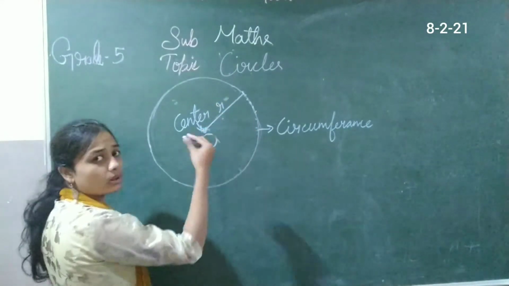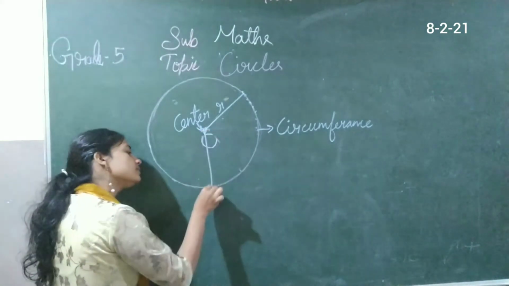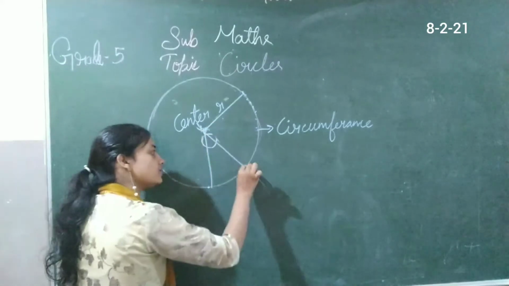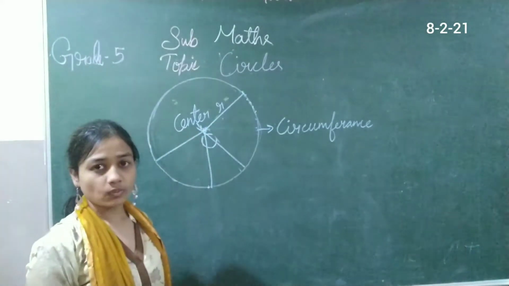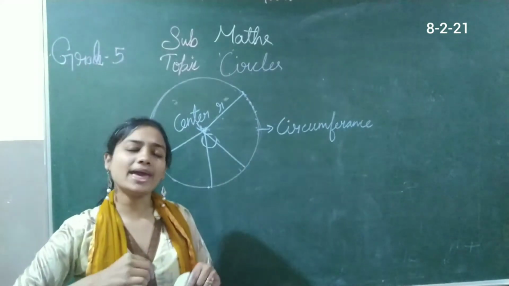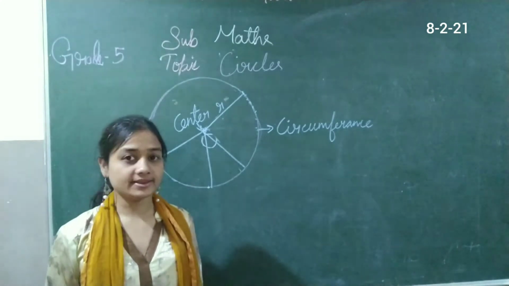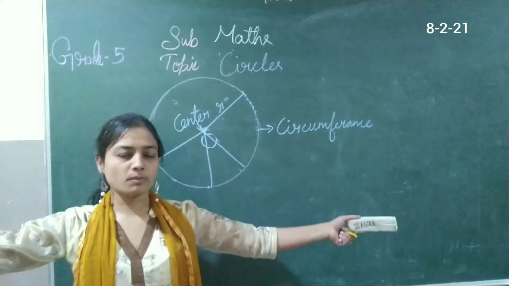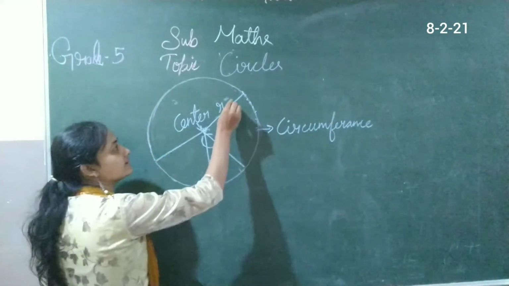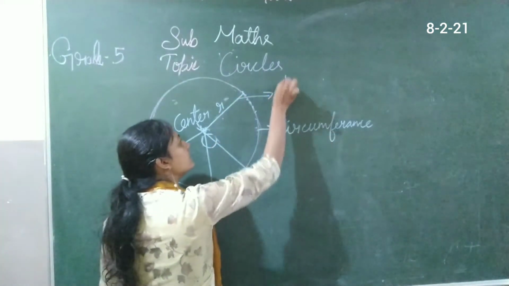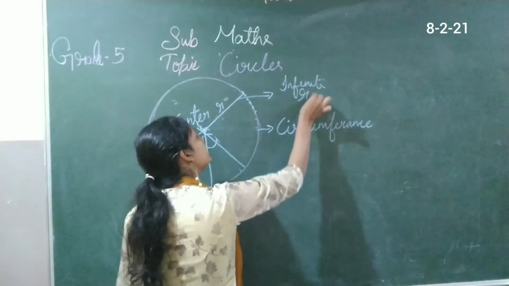Like this, I can draw one more radius, and this is also a radius. So, in a circle, you can draw many radii. In math we say it as infinite. So, in a circle, we have an infinite number of radii.